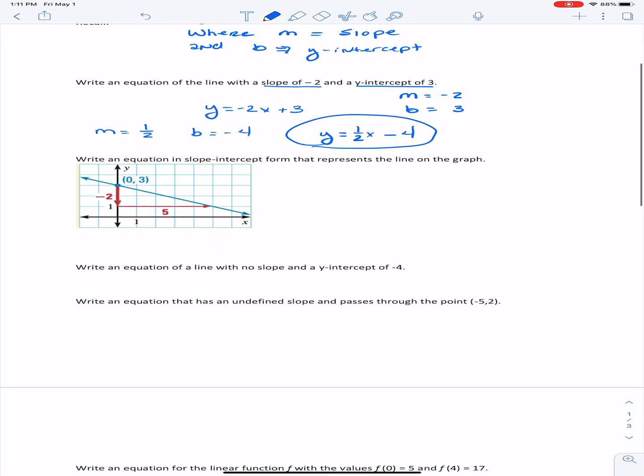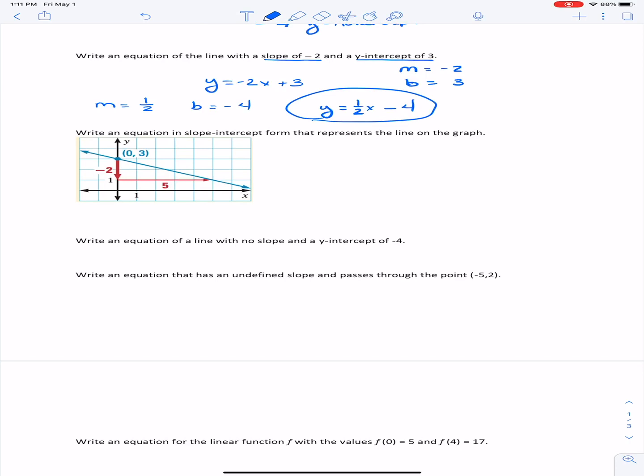Okay, let's proceed to writing an equation in the slope-intercept form that represents a line on this graph. Looking at the graph, we need to identify two things: our slope and our y-intercept. I'm going to do our y-intercept first, since that's the easiest. Our y-intercept in this case is 3, so we know b is 3.